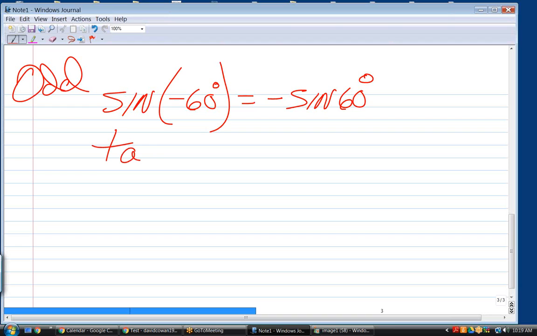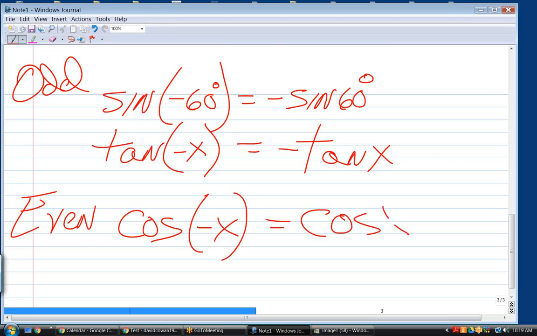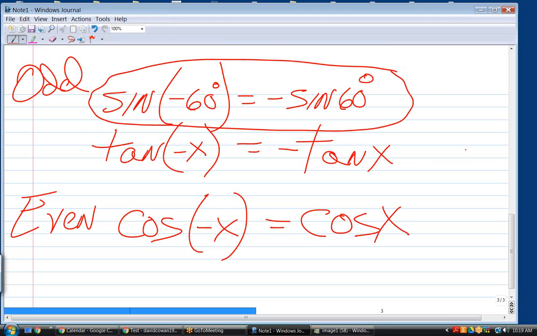Tangent is odd, but cosine is even. The cosine of minus x is equal to the cosine of x. So if I make this conversion as my first step, see how much easier the problem becomes?